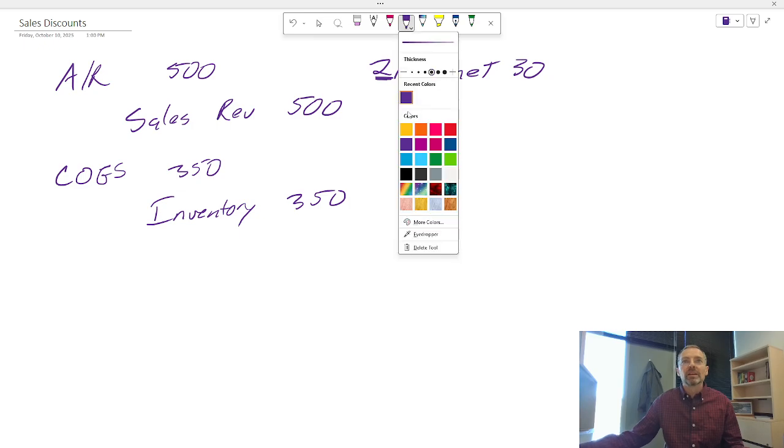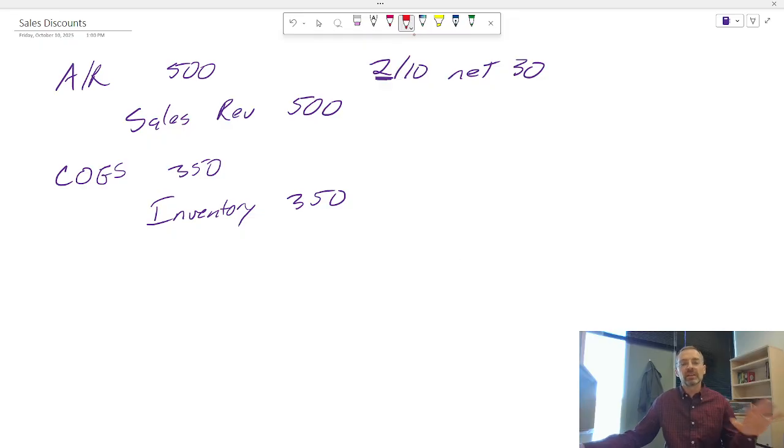All right, like the purchasing side, we can look at this two different ways. One way is the two-step process, and I actually prefer this when we're learning. Let's say the customer sends us the money within the 10 days.